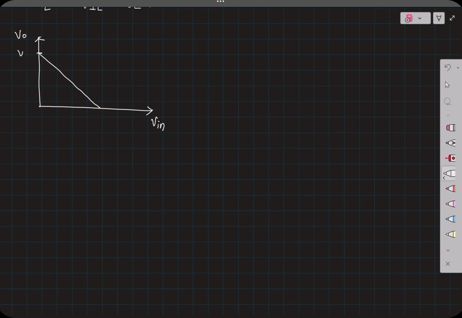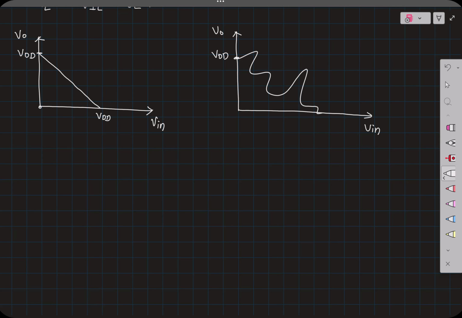This time I make sure both the input and output ranges are between 0 and VDD. The second choice I'm giving you is going to look like this. This is also, let's say, between 0 and VDD.